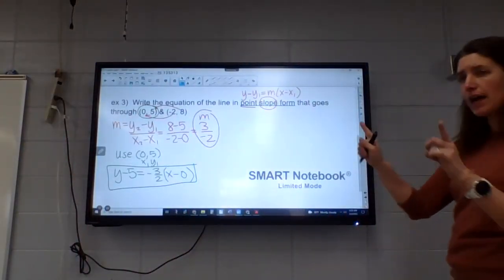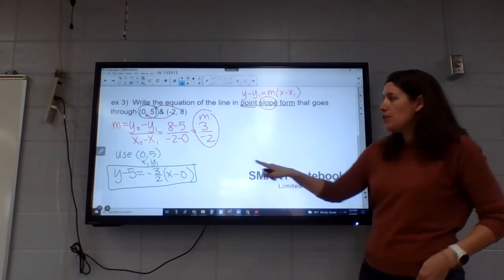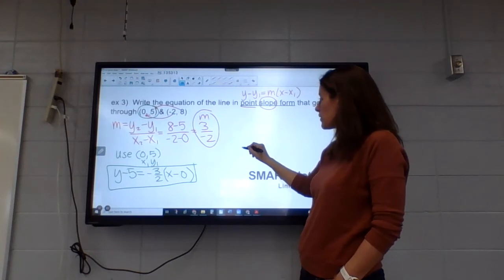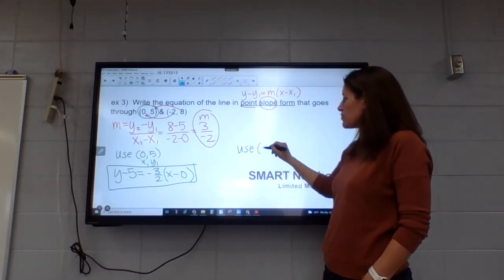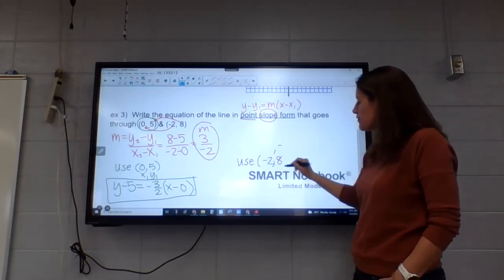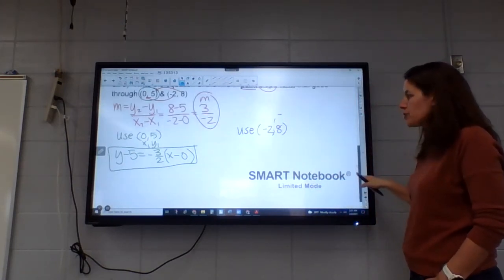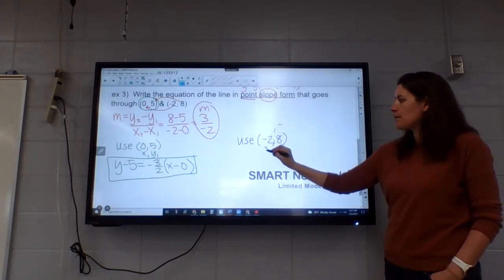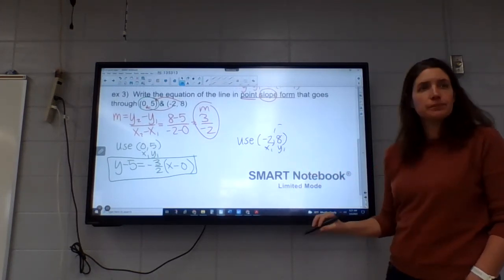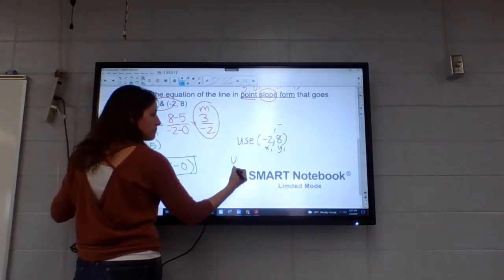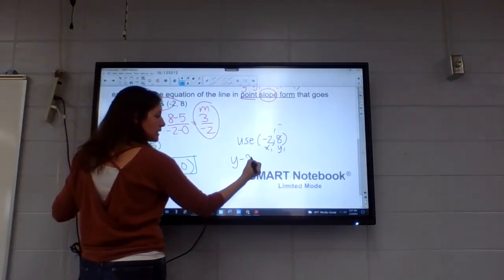But I'm not done with that problem. I want to show you guys, you can also use this other point, and it's also a correct answer. So when I write my answer key for this homework, I'm going to have 2 answers for a lot of these because we can also use this as my x1, y1. So we're going to do y minus y, so y minus 8.